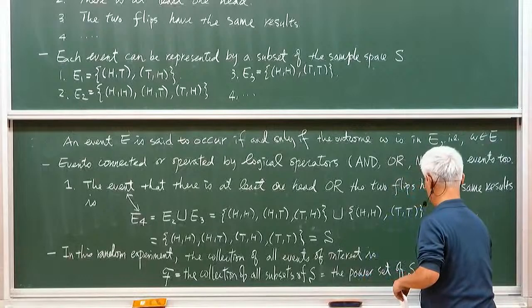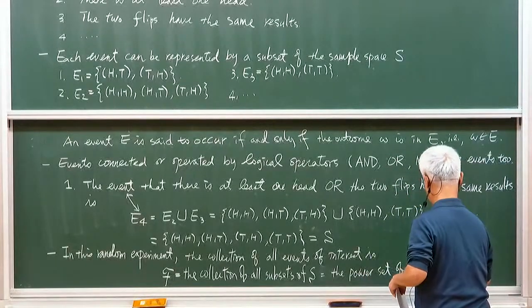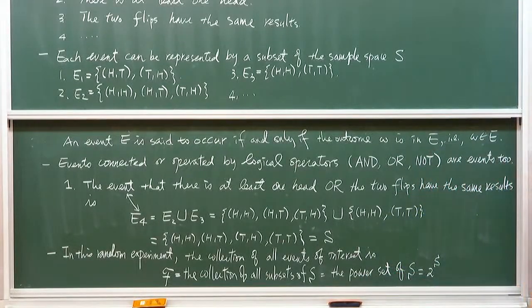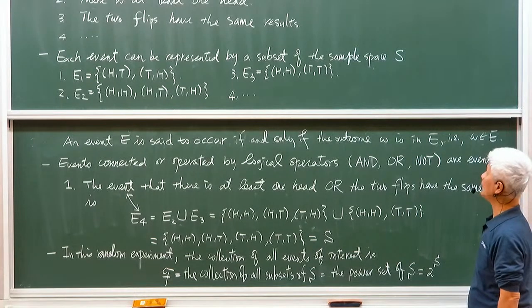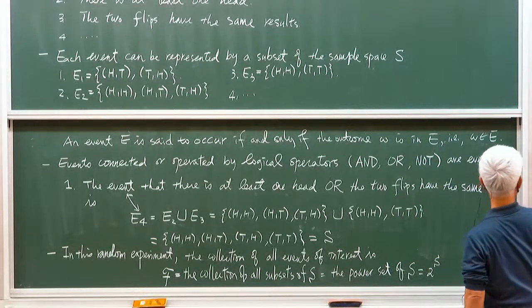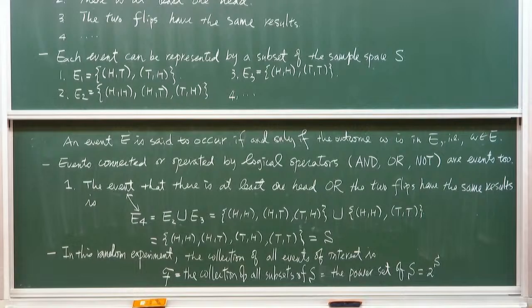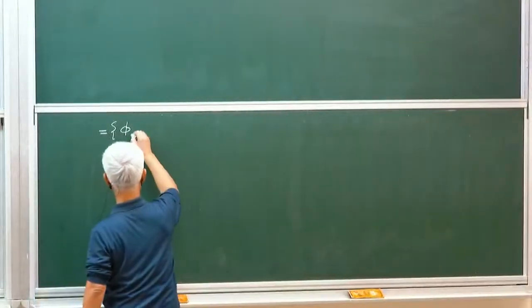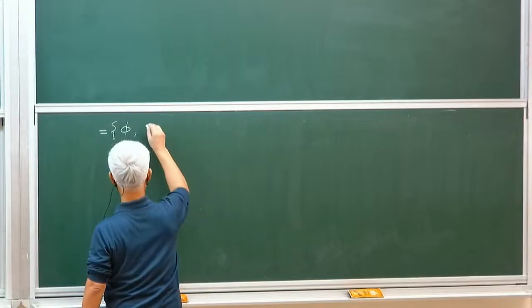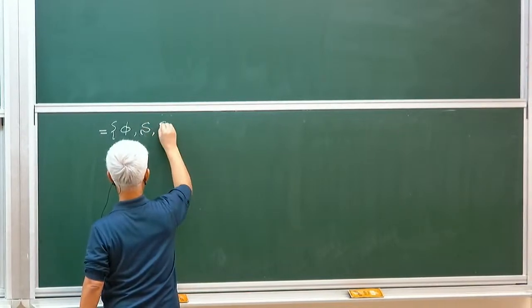It is denoted by 2 to the S power. In this case it includes the empty set and the total event.